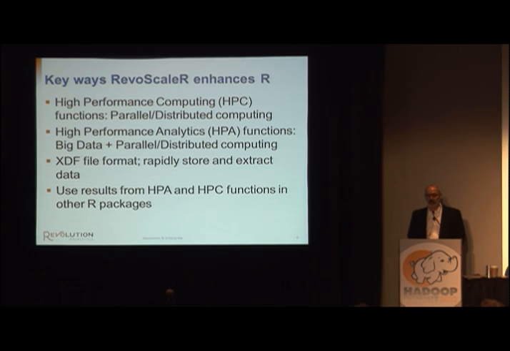It works across all of our platforms, and we're porting it to Hadoop, so it'll be a splittable data file format in Hadoop. Of course, you can use the results from our high-performance analytics and HPC functions in your R environment, along with those other 5,000 R packages.